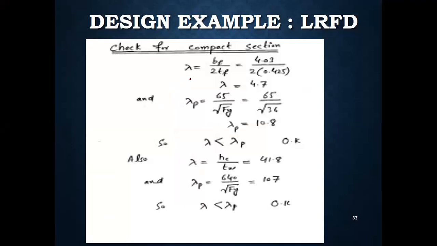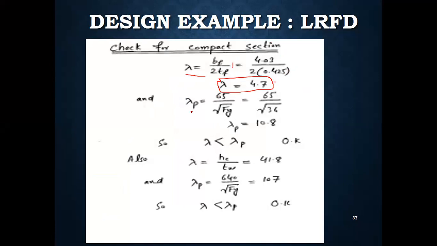we have the formula for flanges. The compactness of the flanges is BF by 2TF, and its value that we noted from the table comes out to be 4.7. And if you use the formula, it also comes out to be the same.